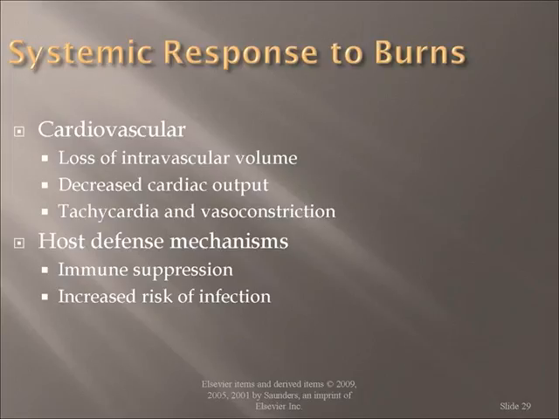The body then tries to compensate by causing tachycardia and vasoconstriction. There's something called a host defense mechanism where we have an immunosuppression issue as well as increased risk of infection with a systemic response to the burn.